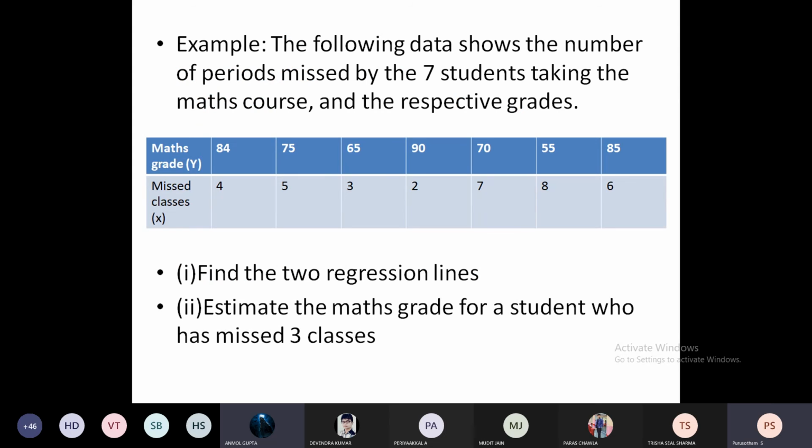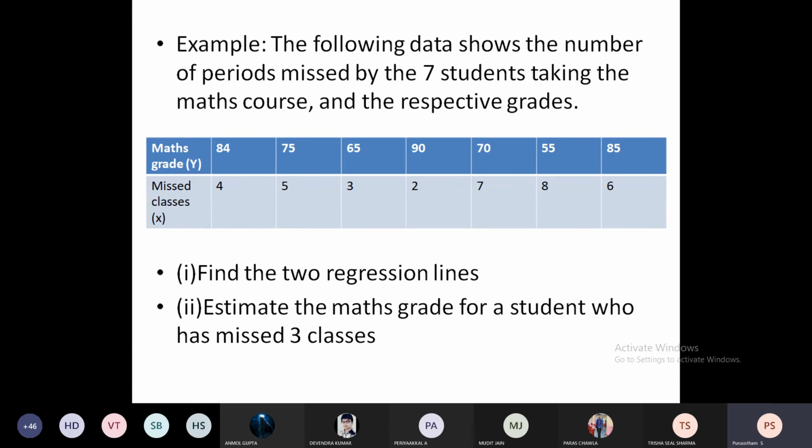In the next class, we are going to discuss this example. Can you note it down? The following data shows the number of periods missed by 7 students taking a maths course.